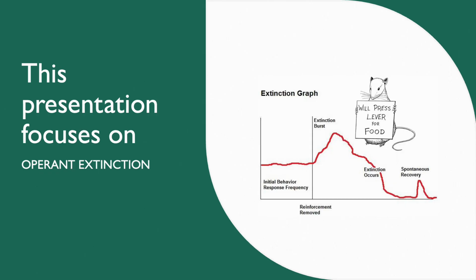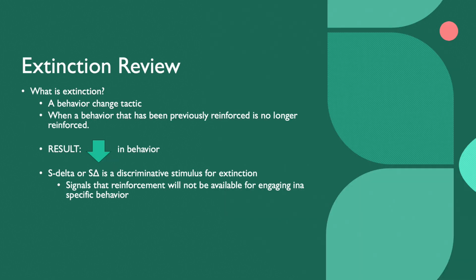Okay, so as I mentioned, this presentation is going to focus on operant extinction, and you don't have to worry about this right now. This is just a little sample of an extinction graph. You'll get some more of that in an upcoming slide. So in a little bit more detail, what is extinction? Extinction is a behavior change tactic in which a behavior that has been previously reinforced is no longer going to receive reinforcement, okay? So the behavior can still occur.